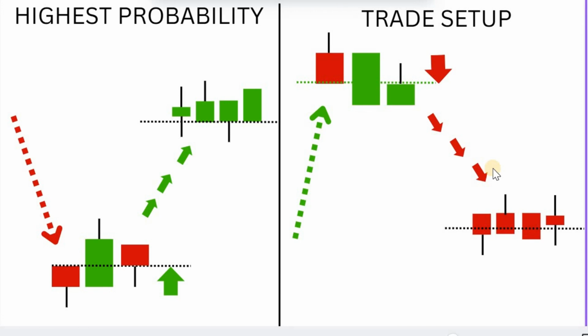But you need to understand something. When you get a reversal pattern like this and you do the trade, this becomes the beginning of a new trend. And this becomes the beginning of a new trend. Now you need to understand that before this candlestick formed, there was a trend here and there was a trend here.